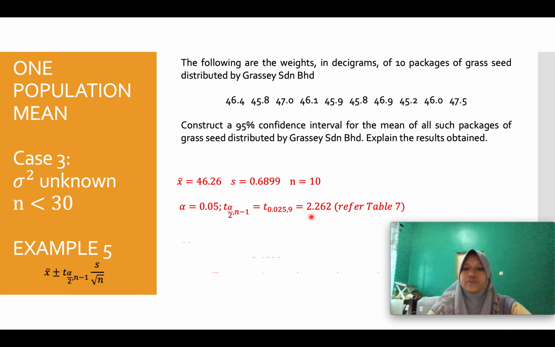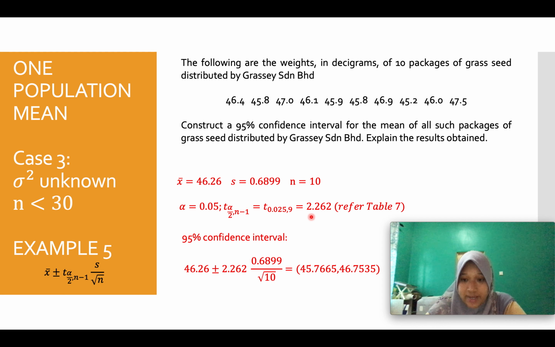Now you can plug all the information into the formula. X bar plus minus t alpha over 2. Just now we got 2.262 times 0.6899 over square root 10. So finally we get the interval, lower limit 45.7665 and the upper limit is 46.7535.